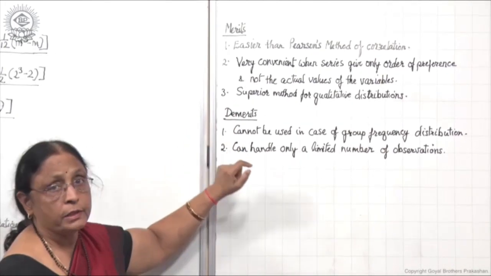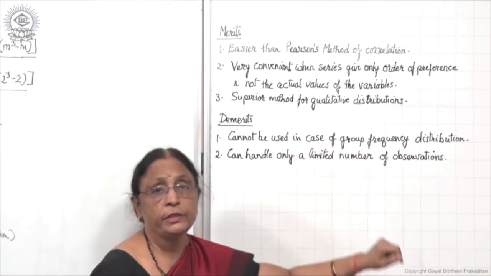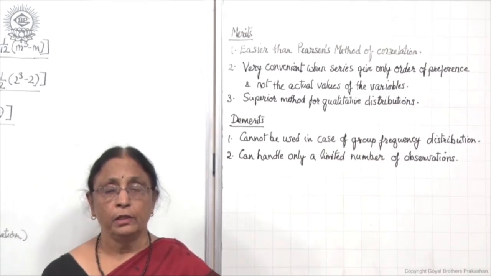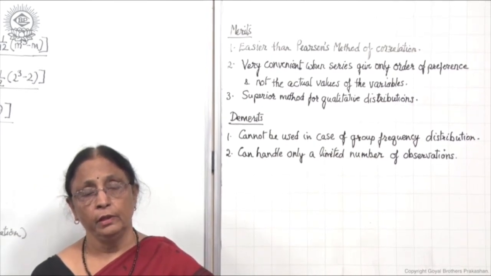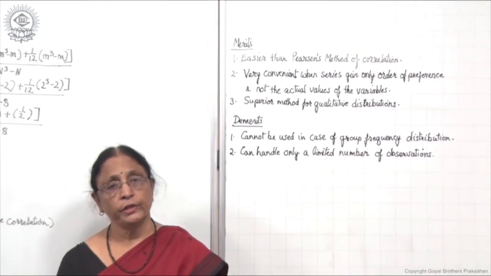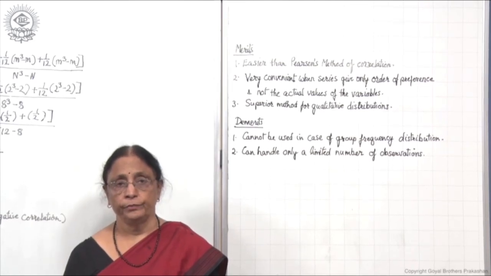Now demerits: cannot be used in case of group frequency distribution. That means in case of group data where the frequency is given, this method cannot be used. This is one of the demerits of Spearman's rank correlation.